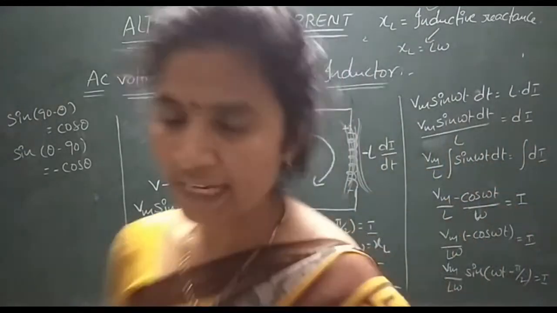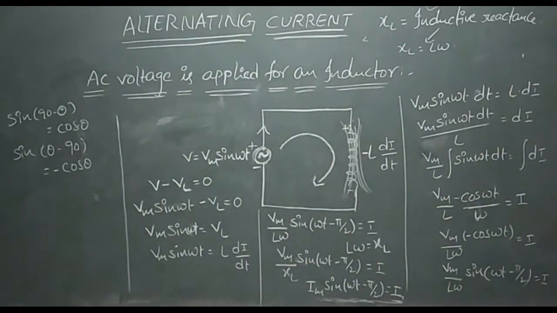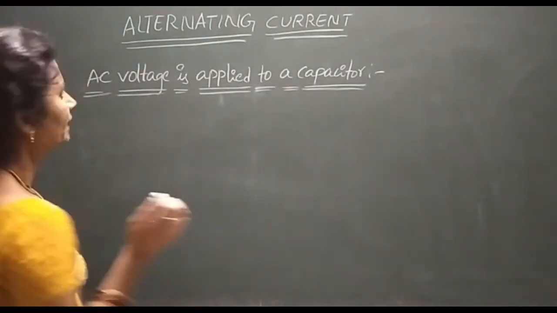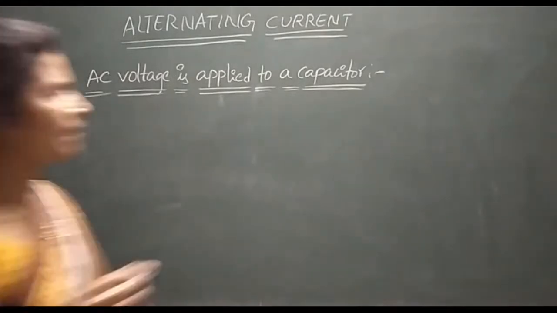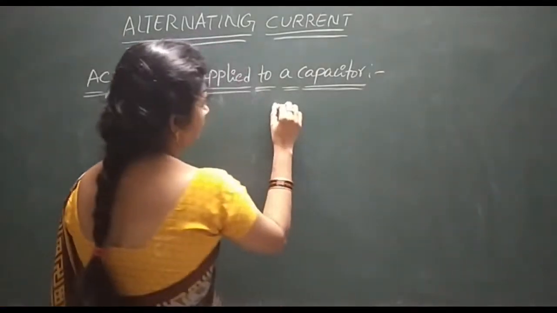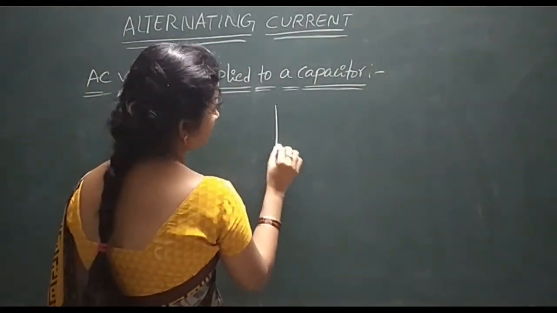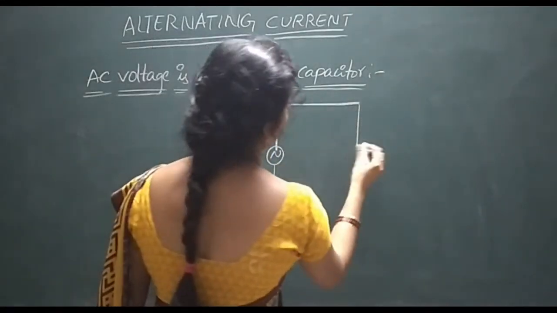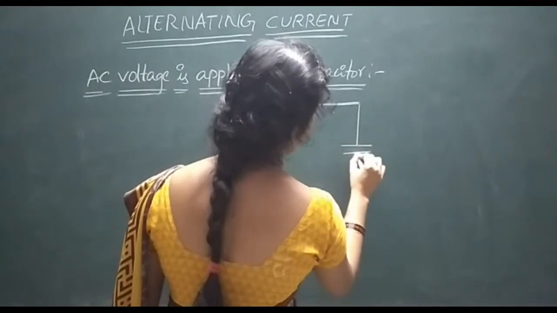The next one is AC voltage applied to a capacitor. So this is the AC voltage and this is the capacitor.